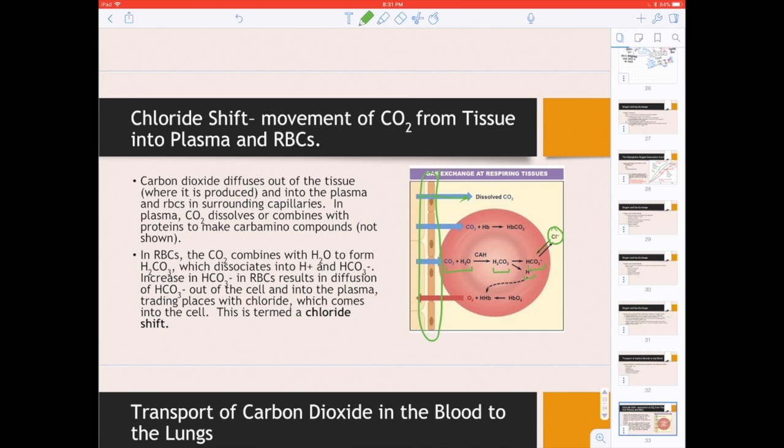So chloride and bicarbonate have kind of an exchange system where chloride comes in and bicarbonate comes out. And this is going to be important in our next lecture when we're talking about different causes of alkalosis and acidosis. Chloride can be involved in this. Okay, so what this trade of chloride and bicarbonate is termed is a chloride shift. So just put that one in your pocket for our next lecture.